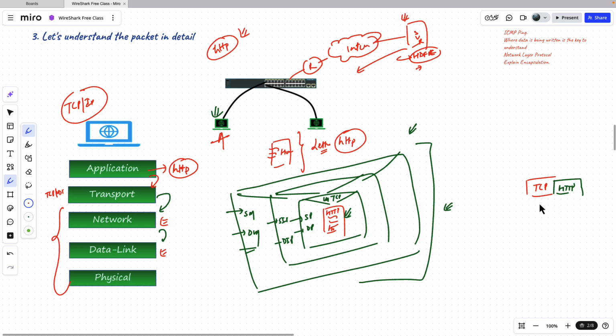This is just like carrying this data and putting it inside the TCP envelope, right? Then basically TCP data is going to be over IP, means encapsulation done by IP by putting the source IP and destination IP, and then L2 header or Ethernet, right? This is the packet we actually see, right? But these two concepts are the same. If you get on the left hand side or the right hand side, if you merge them in your mind, believe me, understanding Wireshark packets is going to be so easy.